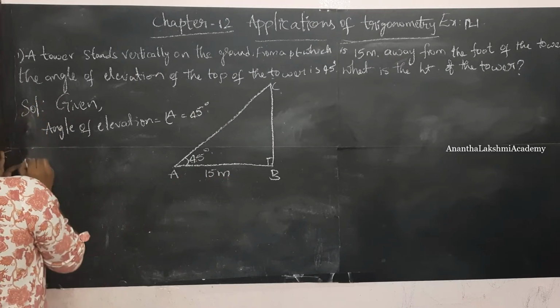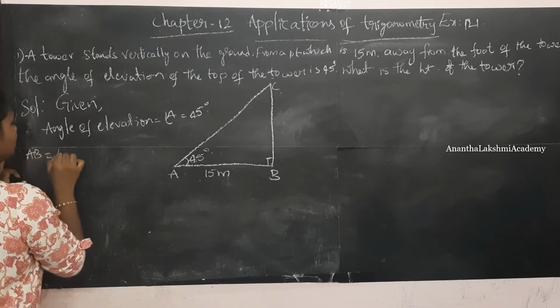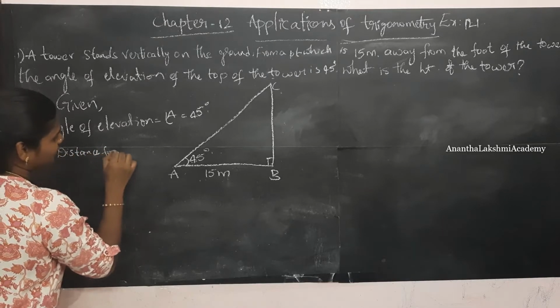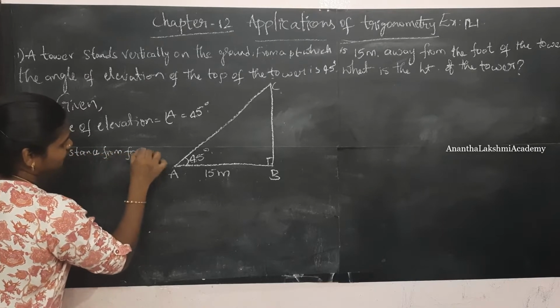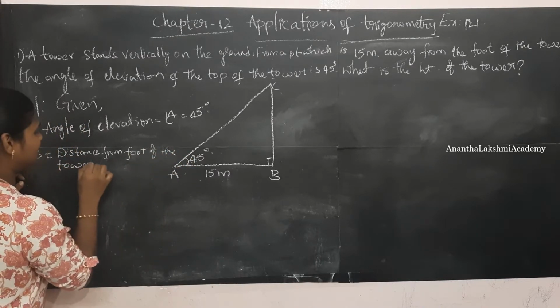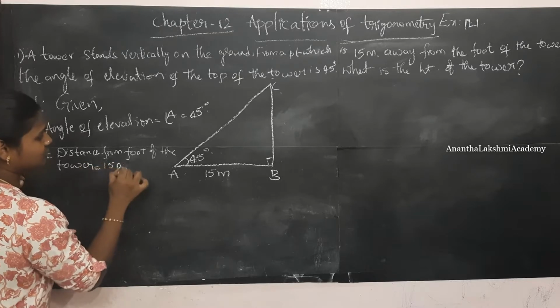Distance from the foot of the tower, AB, is equal to 15 meters.